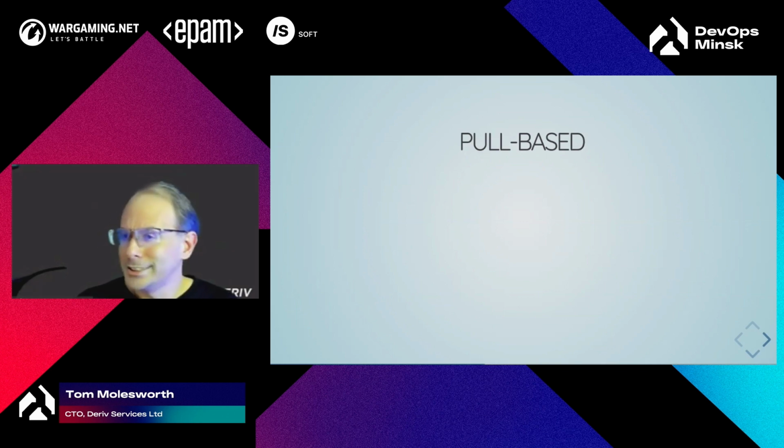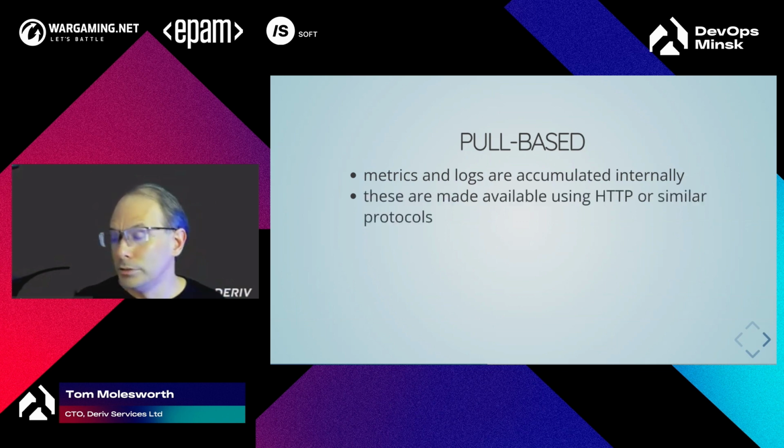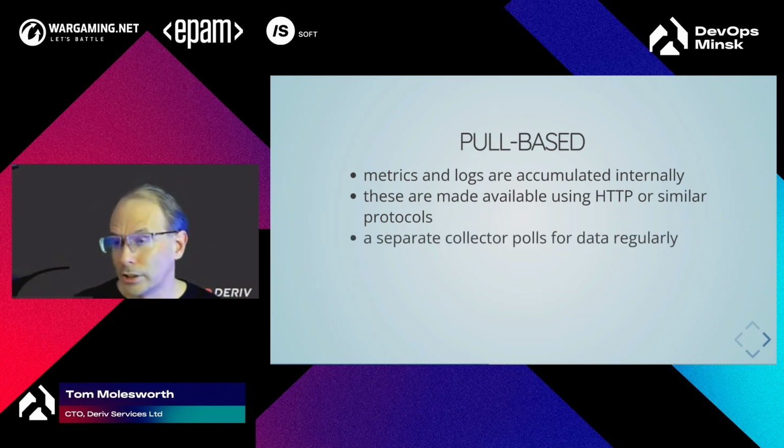The other side of things is the pull-based, and as the name implies, you're collecting things and then you wait for someone to ask for those. So it's very common to have that using HTTP. You expose an endpoint, you listen for requests, and there's a concept of a collector, which is a service or a sidecar, which will pull.